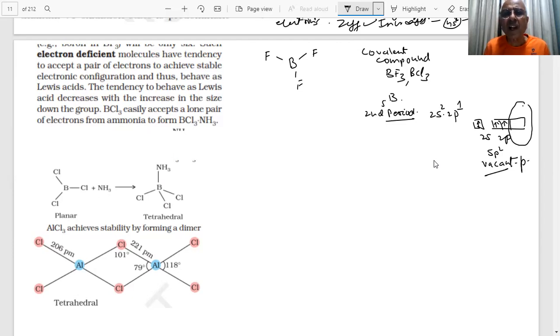Therefore, student, these are electron deficient species. What type of species are these? Electron deficient species. And they are then Lewis, tell me, acids or bases?